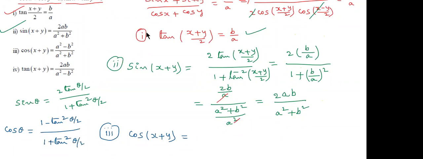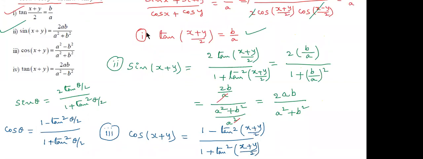Yes or no? So here we get 1 minus tan square (x plus y) by 2 divided by 1 plus tan square (x plus y) by 2.